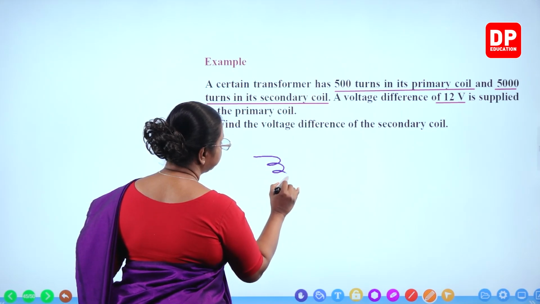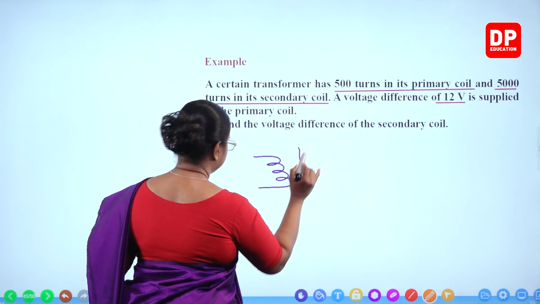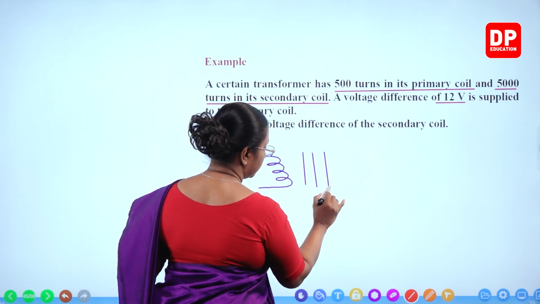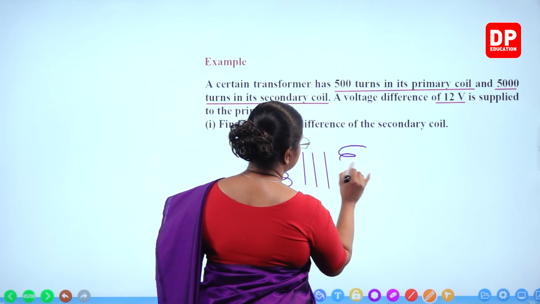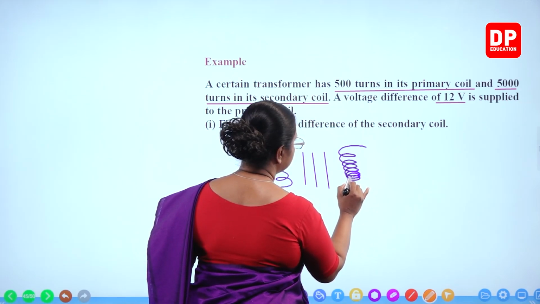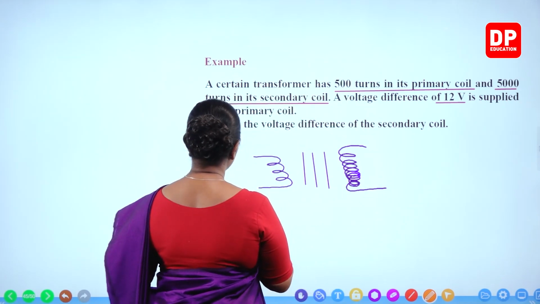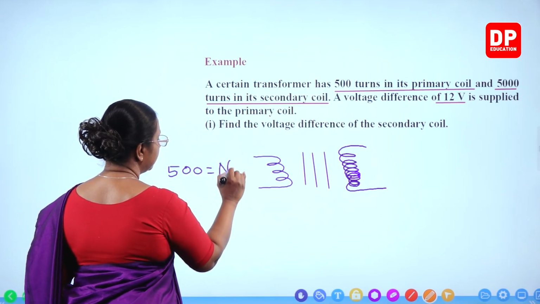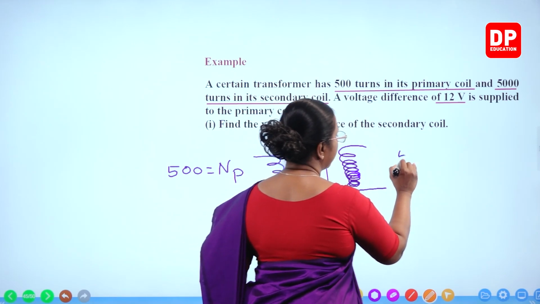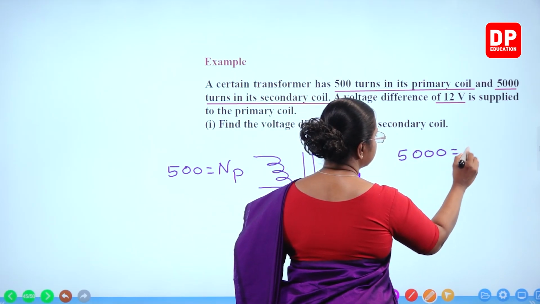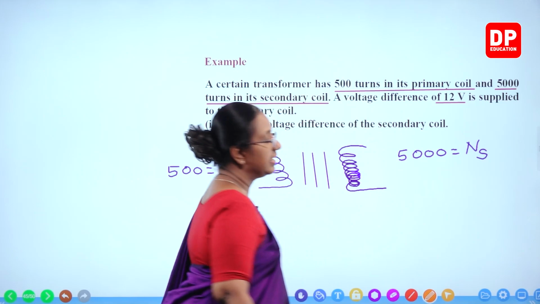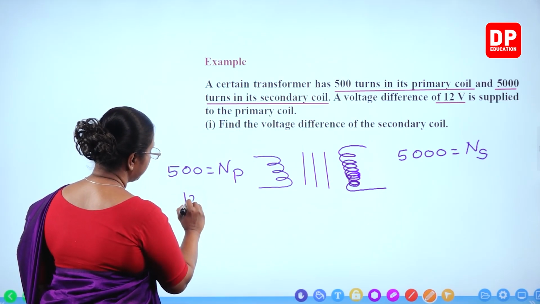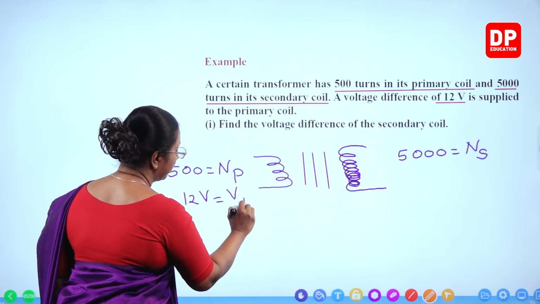So we have the transformer like that. Here we have 500 turns, that is N primary, and we have 5000 turns, that is N secondary. We supply the voltage difference of 12 volts, that is V primary.